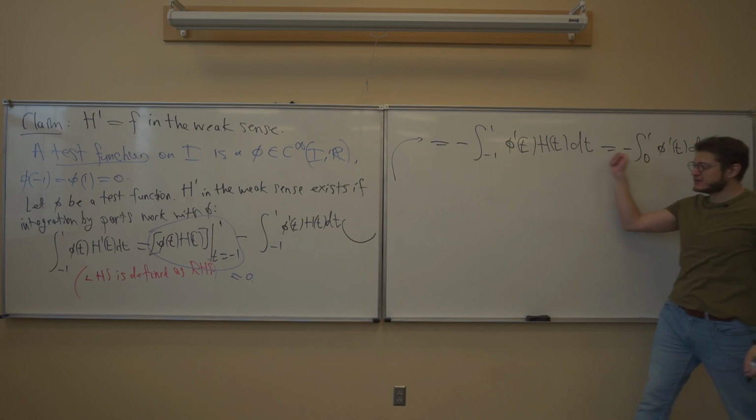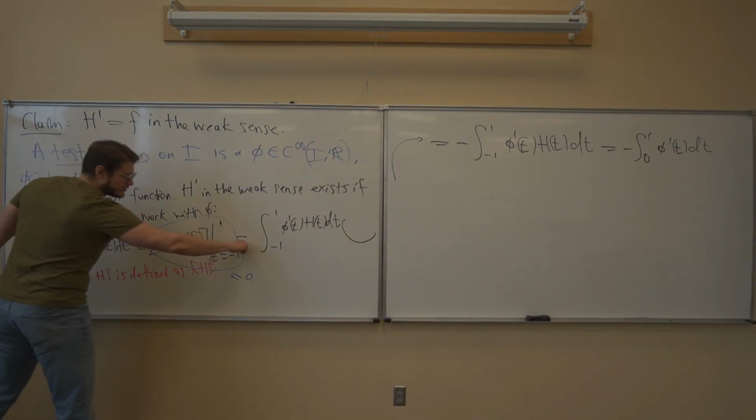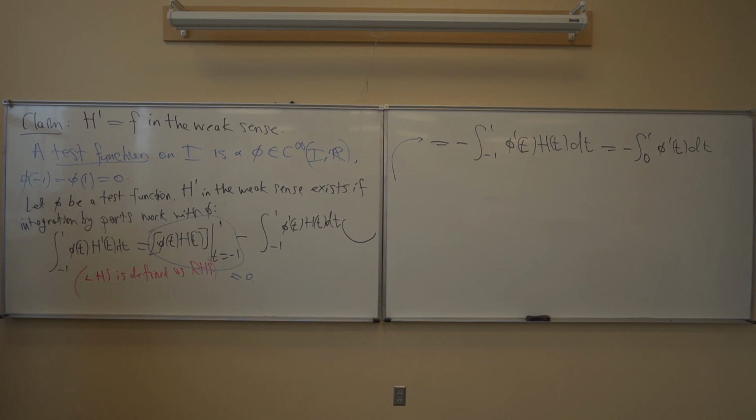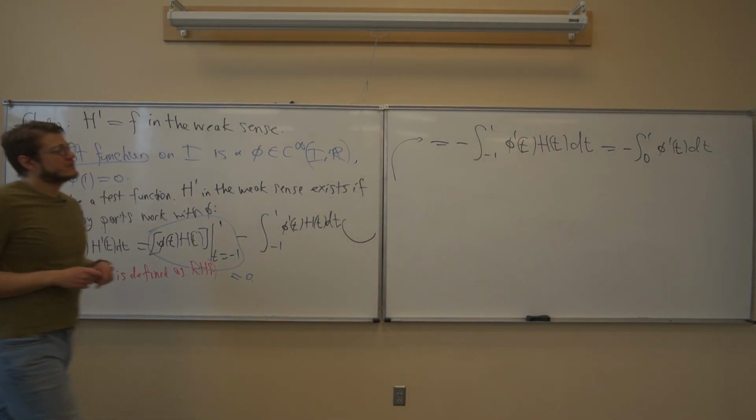I have a minus sign, you see, because I used integration by parts here. This minus is important. Now what is the next step? There's a final step here. How can I write this integral in a much more pleasant fashion?